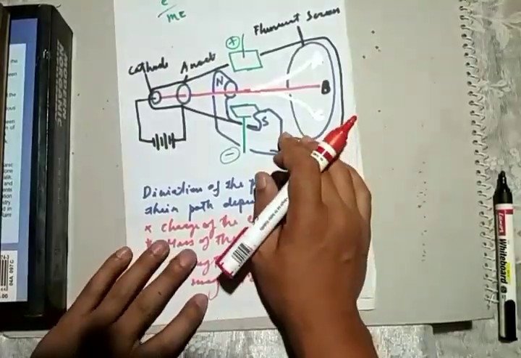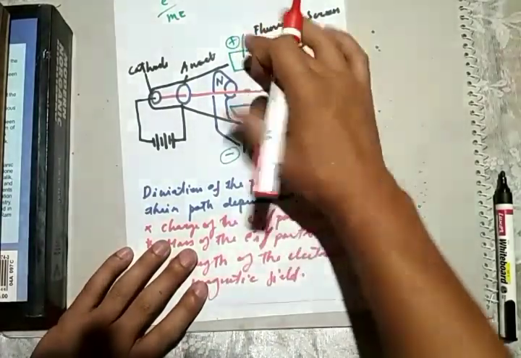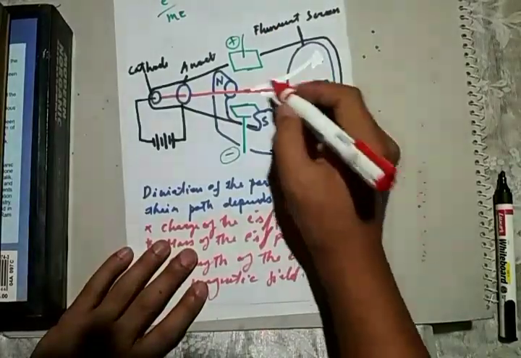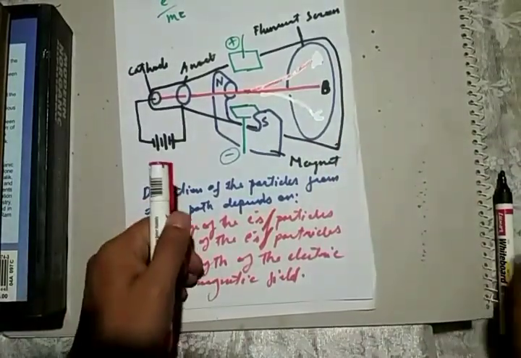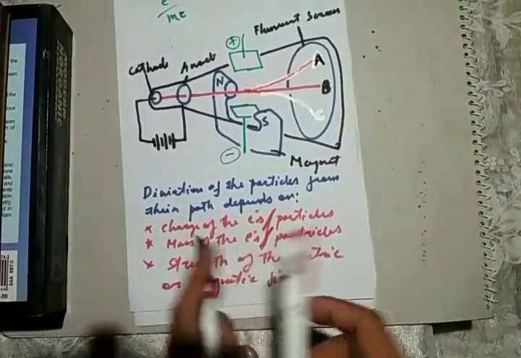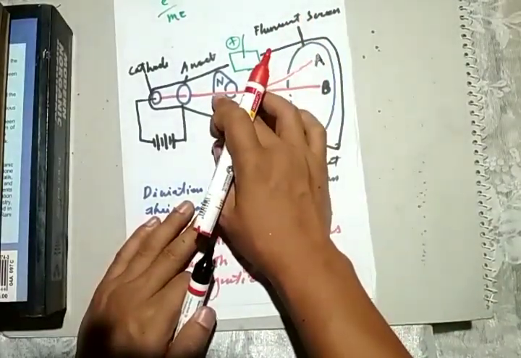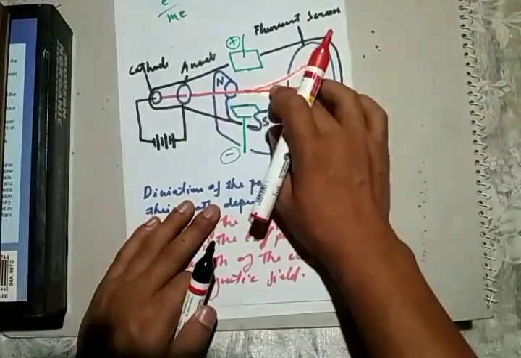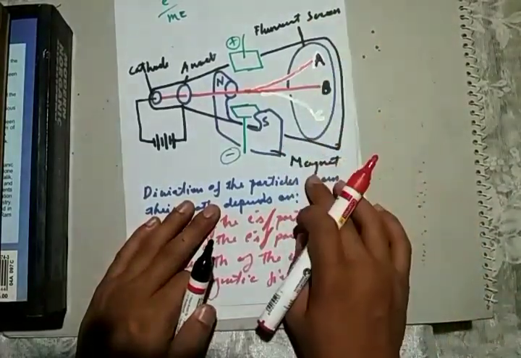So at first he only applied electric field. And he observed a deviation towards the point A. So when he applied only electric field, he observed a deviation in the path of the electron or cathode ray towards the point A on the fluorescent screen.